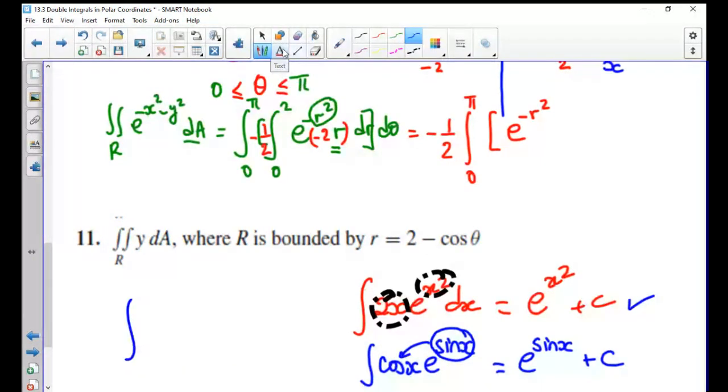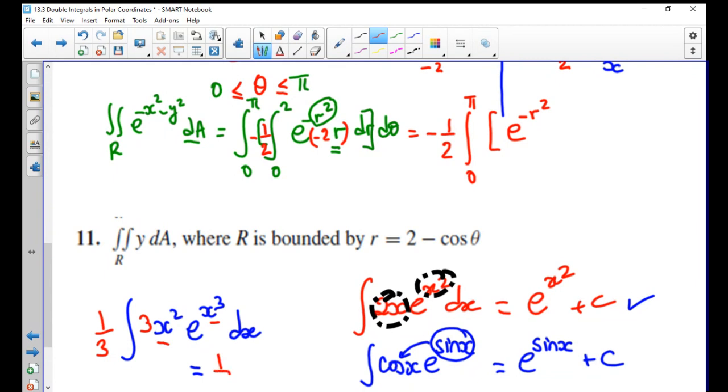But sometimes, for example, if you have x squared e to the x cubed and you want to integrate this, then you need to, because this is not exactly the derivative. What is the derivative of x cubed? 3x squared. So put 3 there, but divide by 3. Do you understand?